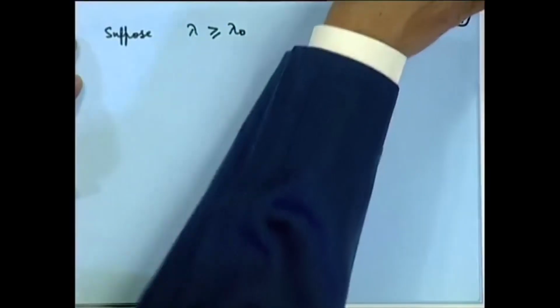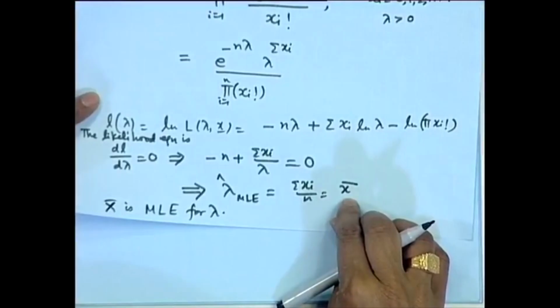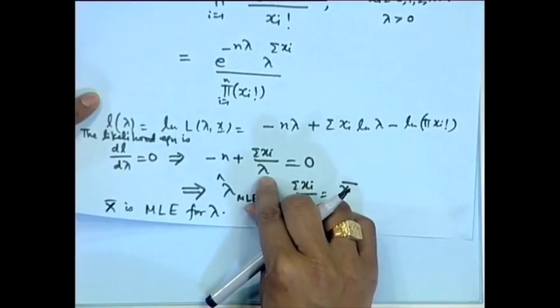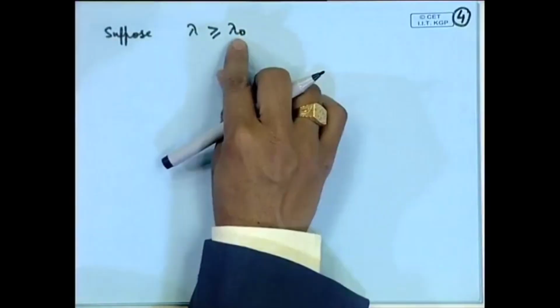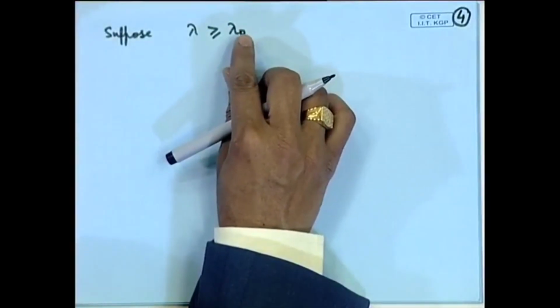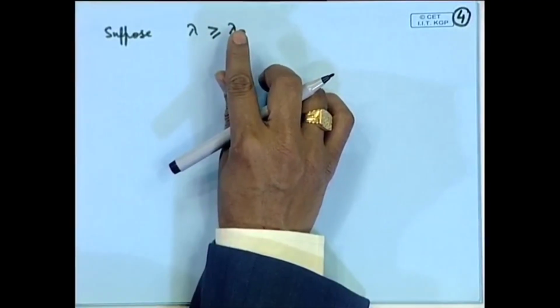In that case, x bar is actually the maximization over the full parameter space, and we may have a situation where x bar is actually less than lambda naught. In that case, this does not satisfy the property that the likelihood function is maximized over the parameter space.